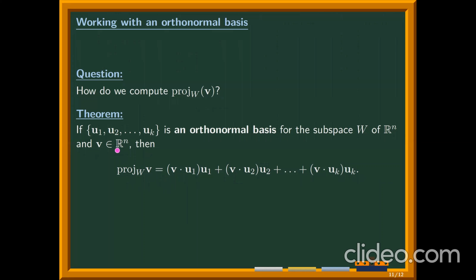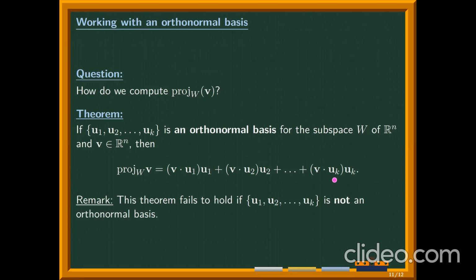You should remember that vector v need not be an element of W. Don't confuse this with the coordinate representation of vector v. It's important to remember that this theorem need not hold if this set is not an orthonormal basis.